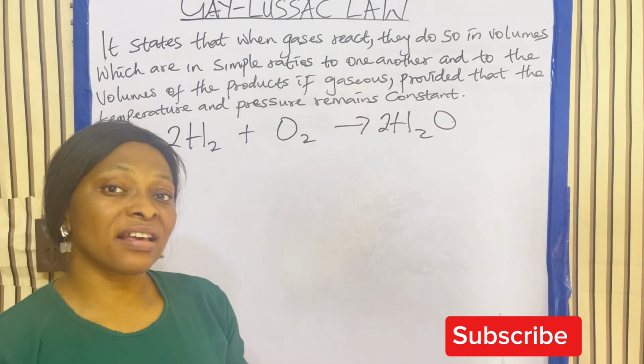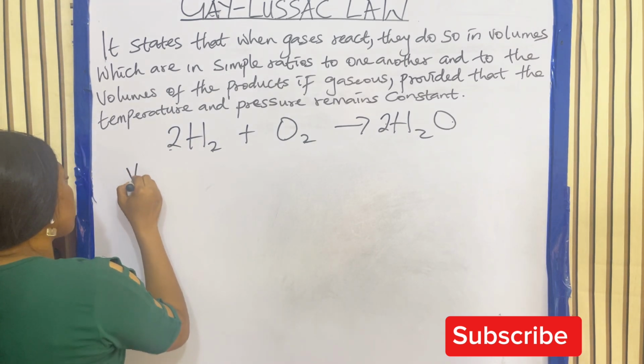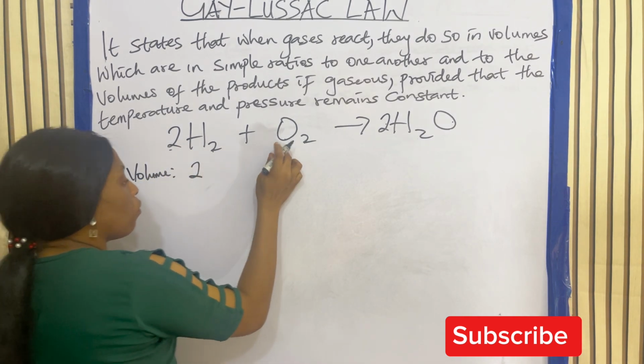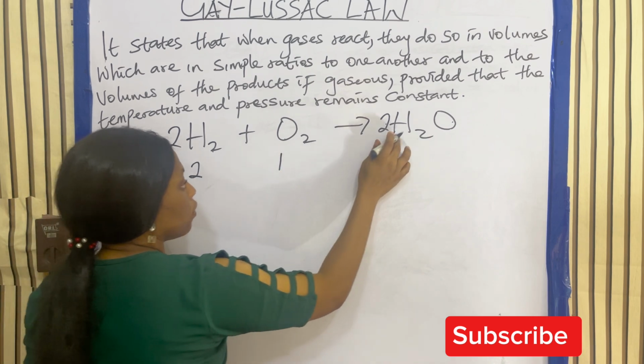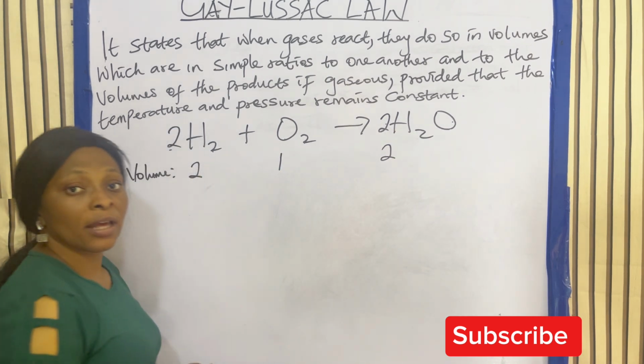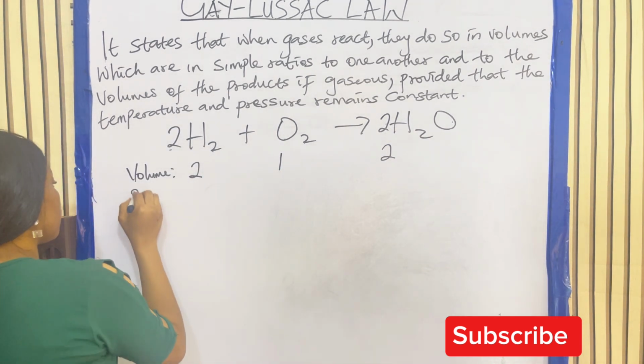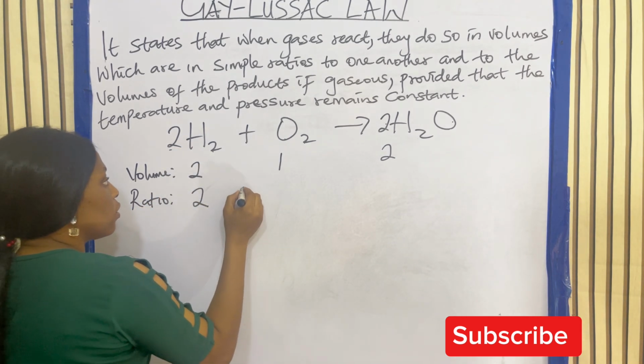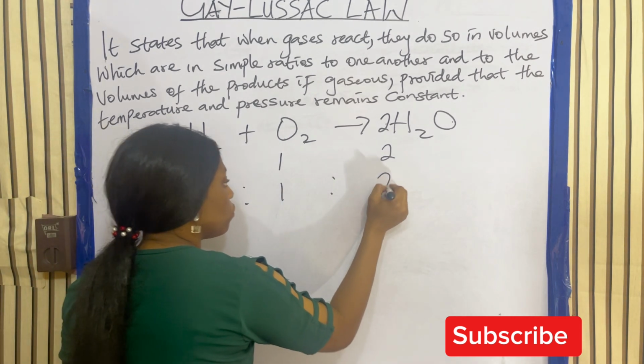So what Gay-Lussac is saying is that in terms of volume, what is the volume of hydrogen here? 2. What of oxygen? 1. What of water? 2. In terms of ratio, what is the ratio here? 2 is to 1 is to 2.